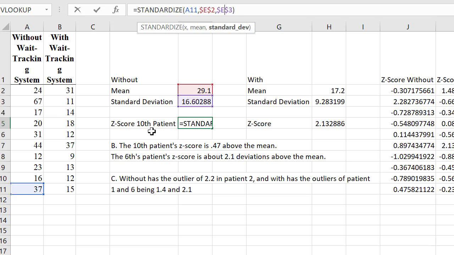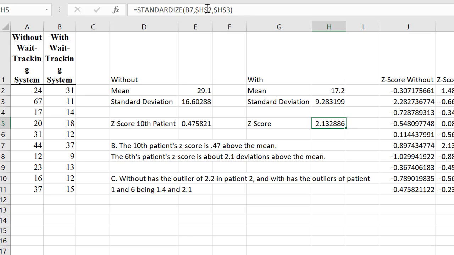In part B, it's asking for the z-score for the 6th patient in the sample that we can just click over here, and you can see it's 37 again. But now we have a much higher z-score.